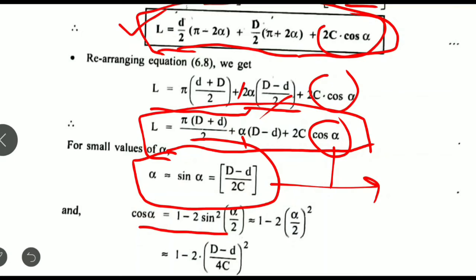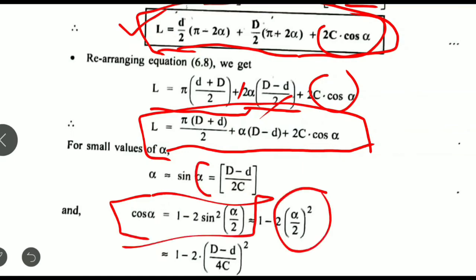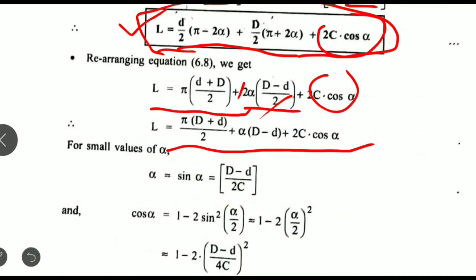See this mathematical equation: cos alpha is equal to 1 minus 2 sine square alpha by 2. So just put the value of alpha here, D minus d divided by 2c. By putting this value, we will get cos alpha is equal to 1 minus 2 into D minus d whole square divided by 4c square.